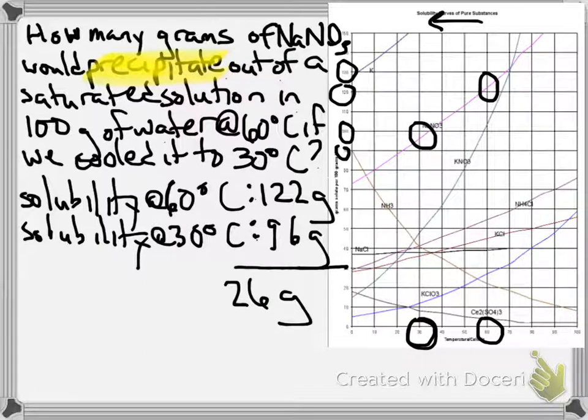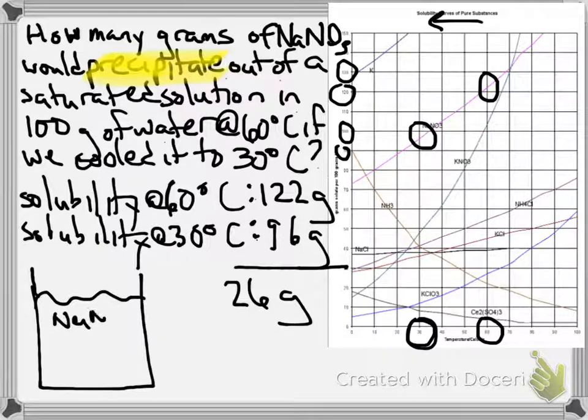So basically, if we were to kind of sketch out this solution here, we would see a whole bunch of clear liquid, and this would just be an NaNO3 solution, a solution of sodium nitrate, and that would actually be just a clear liquid.